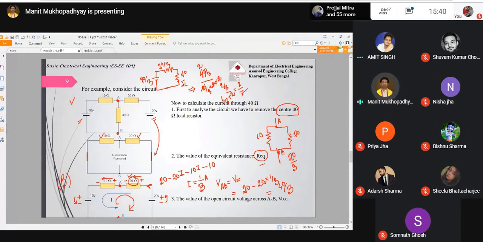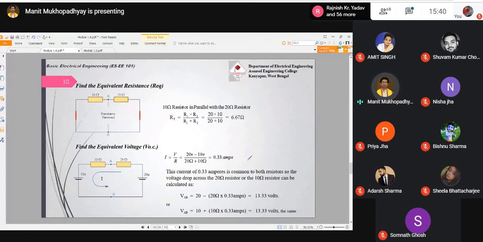So now check the result of I3 that we had calculated. Was that correct? Yes, sir. So now you can see that your calculation is very short. Also it was done here, no issue. The VOC was calculated, and RT or R equivalent, this one is also called R equivalent, was also calculated.